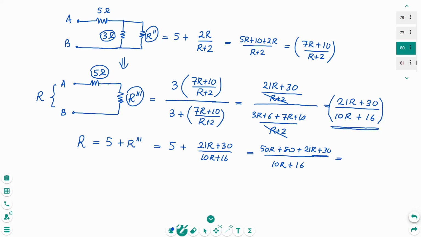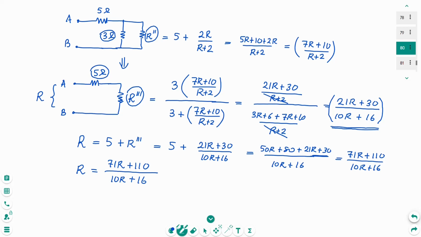So that's going to be 71R plus 110 divided by 10R plus 16. So then we have this relationship R equals 71R plus 110 divided by 10R plus 16.